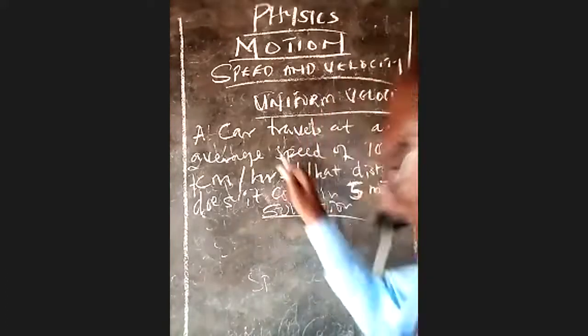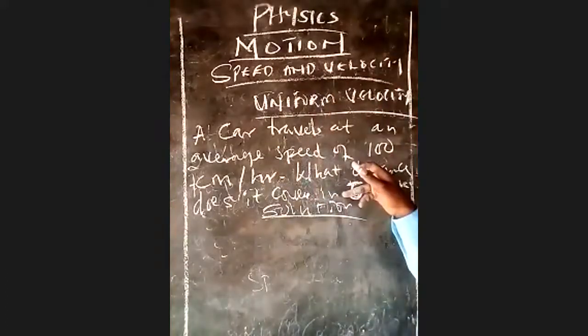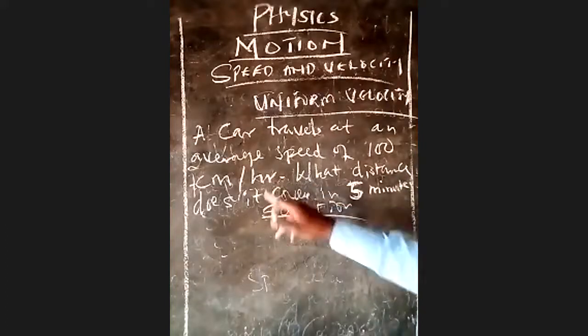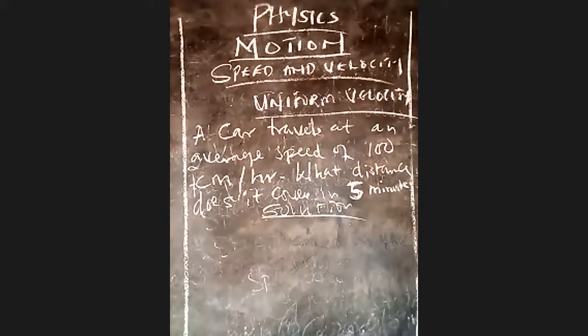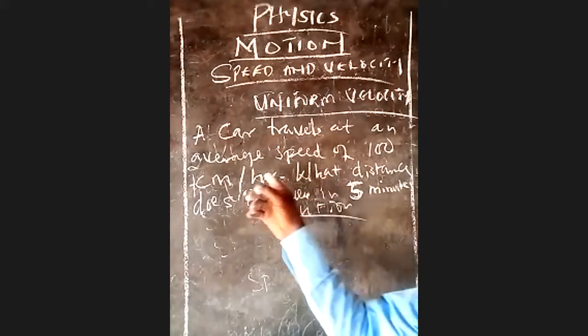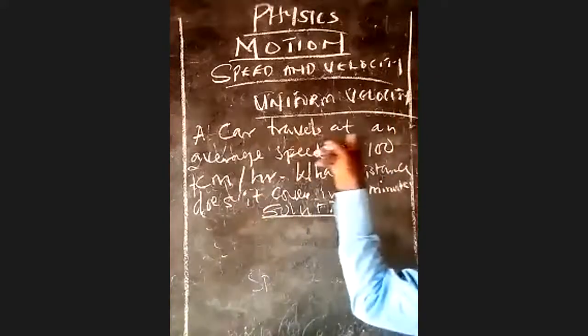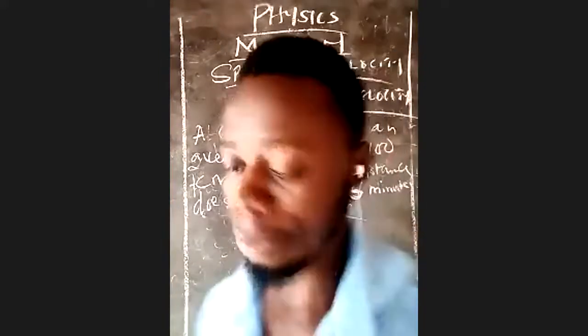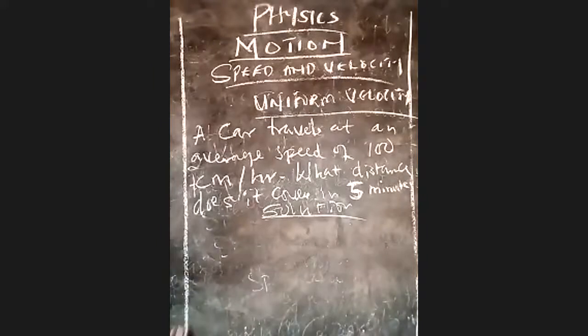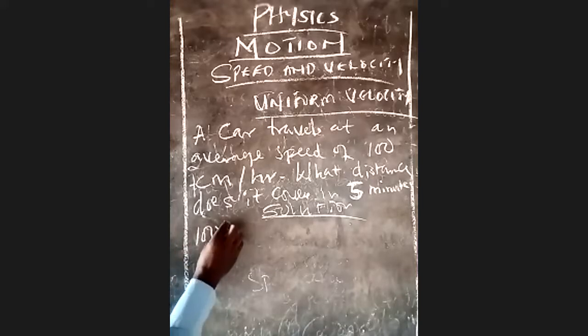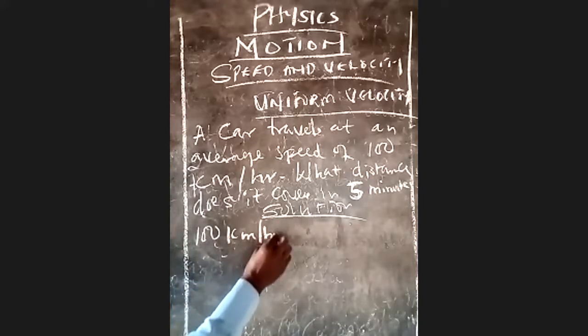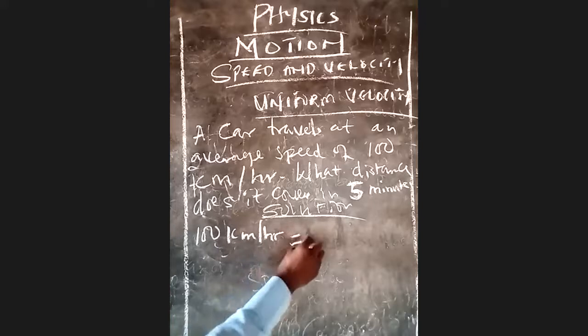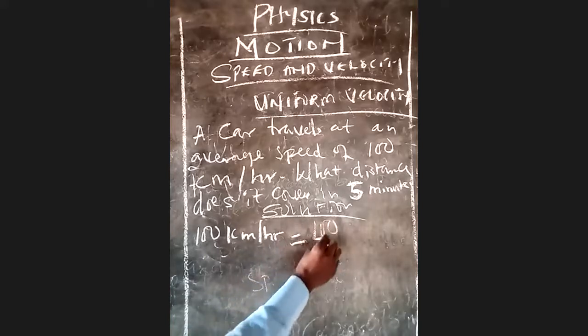A car travels at an average speed of 100 kilometers per hour. There is a confusion here that you just need to understand first. An average of 100 kilometers per hour will be equal to 100 all over 60.